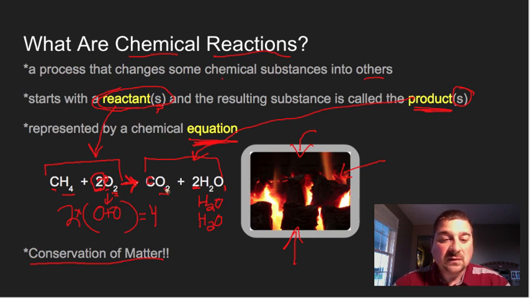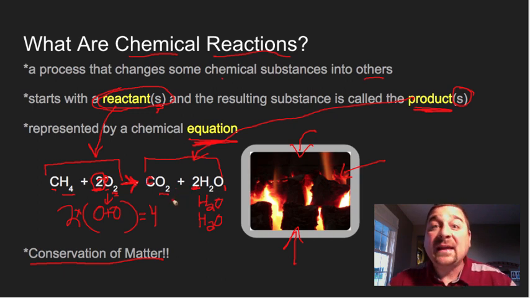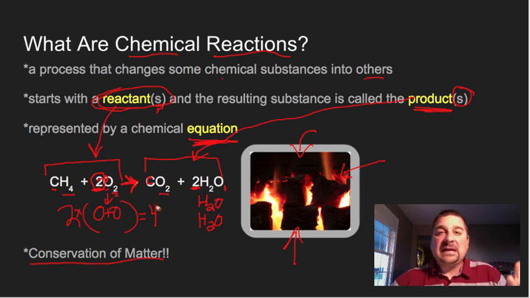So we have 1, 2, 3, 4. That's what we said. And we have 1, 2, 3, 4 hydrogens. So we add these coefficients before some of the molecules to balance, we say balance the chemical equation, because there needs to be the same amount of matter on both sides. You can't magically gain or lose atoms. They all have to be there.